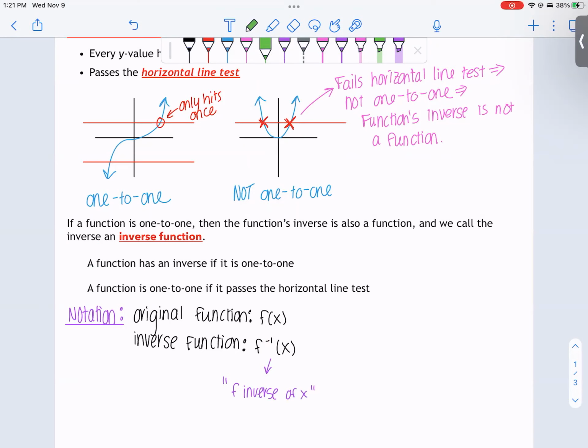And then the other thing I want to note is that this little -1 up here is not an exponent. It's in the same location as an exponent, but it itself is not an exponent. So this is not f being raised to the -1 power. This is just the notation we use to denote that this function is the inverse of the function f.